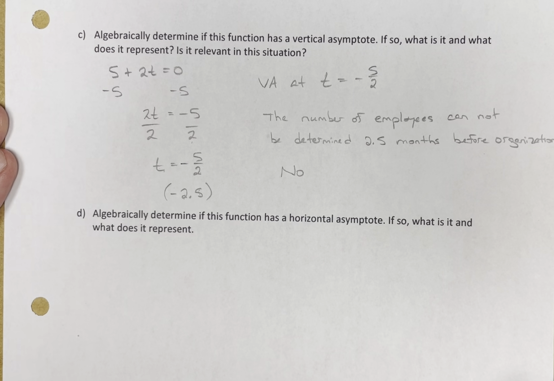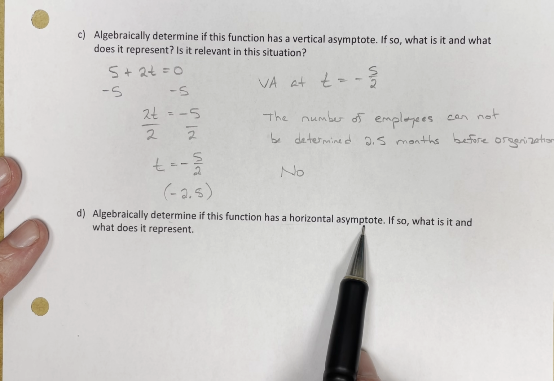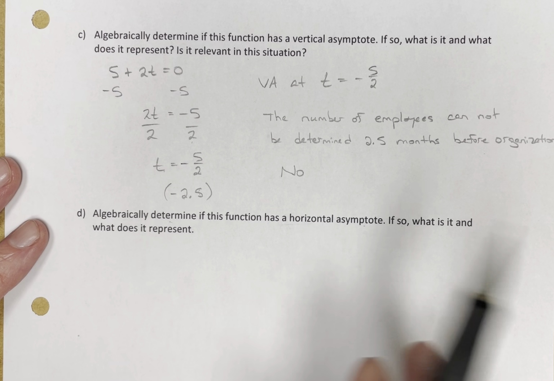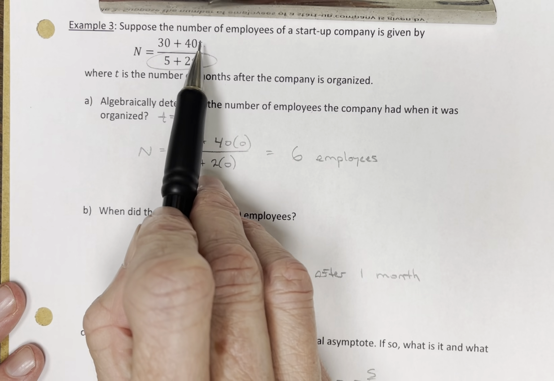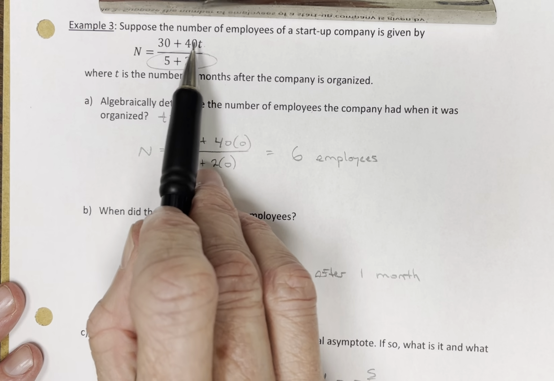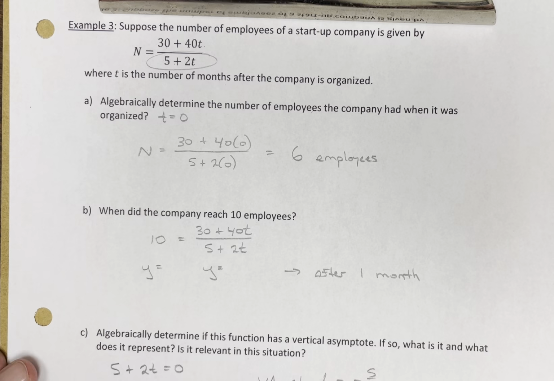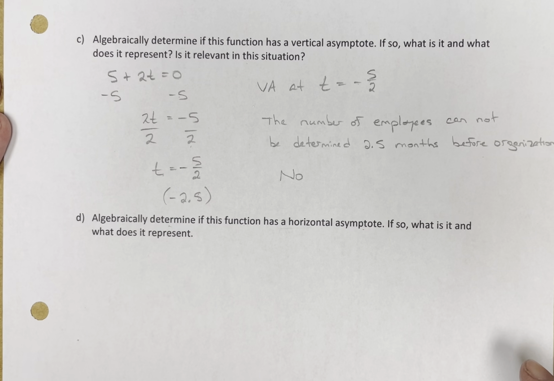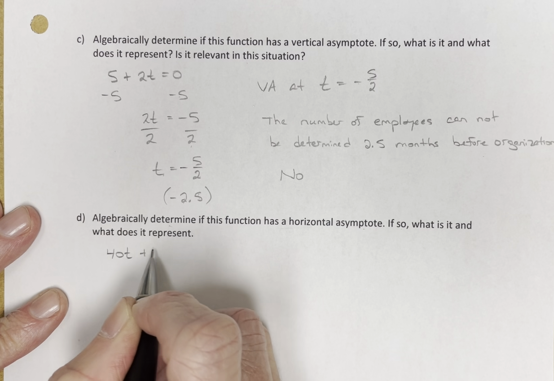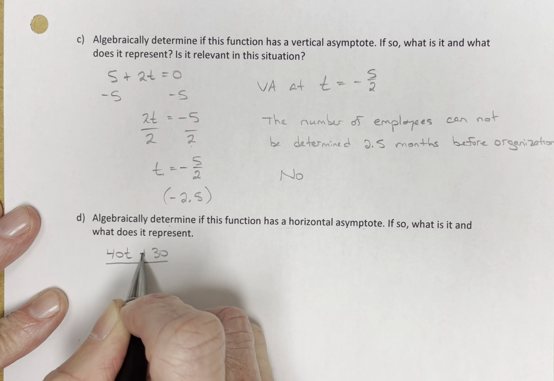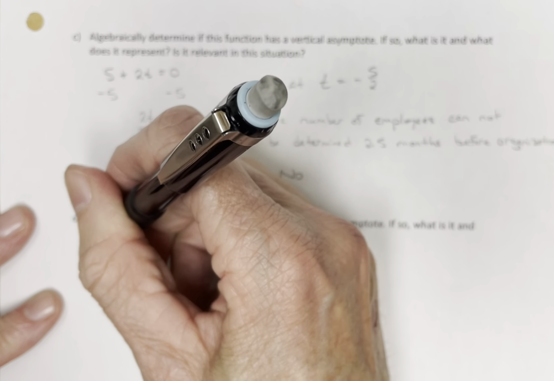Letter D. Algebraically determine if this function has a horizontal asymptote. If so, what is it and what does it represent? Notice that these have the t following the constant in both the numerator and the denominator. Let's write them with the t's first so we can find the leading term. I'll write the numerator as 40t plus 30 and the denominator as 2t plus 5.